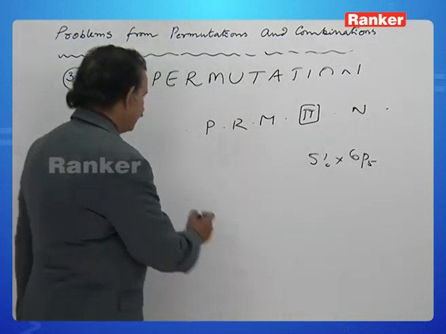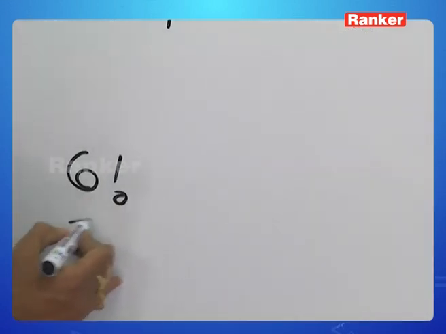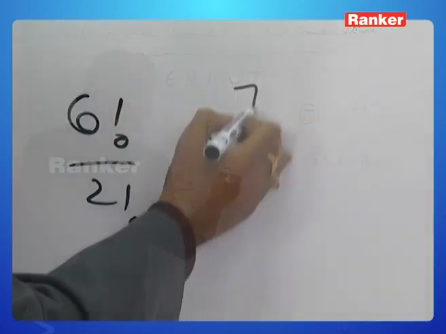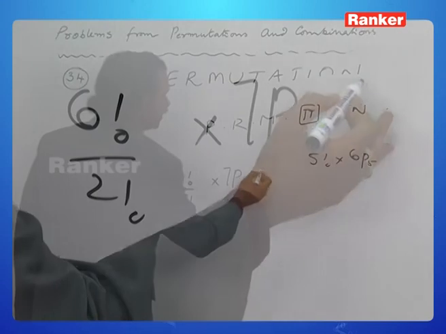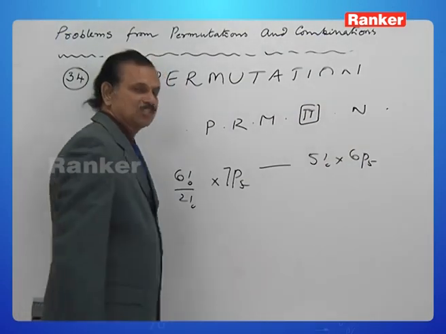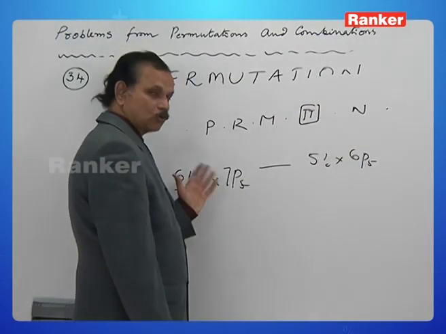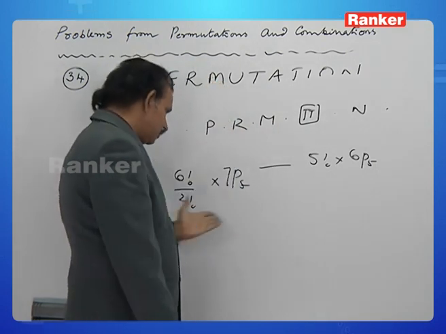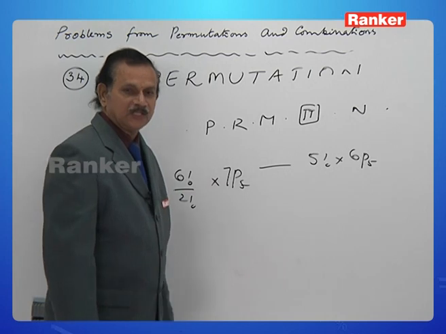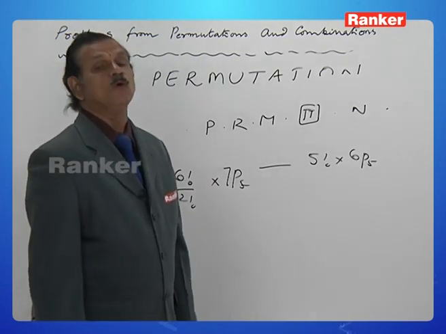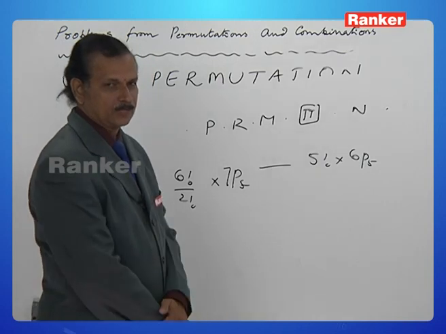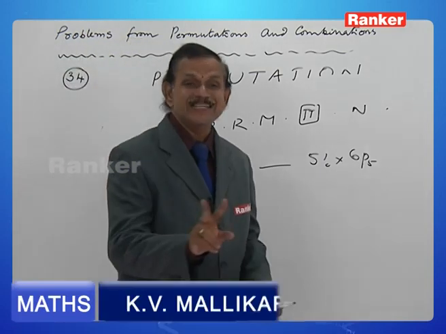That was 6 factorial by 2 factorial into 7P5, and this is now 5 factorial into 6P5. This is the total minus negation idea. So in these permutations we have no two vowels together and no two T's together.